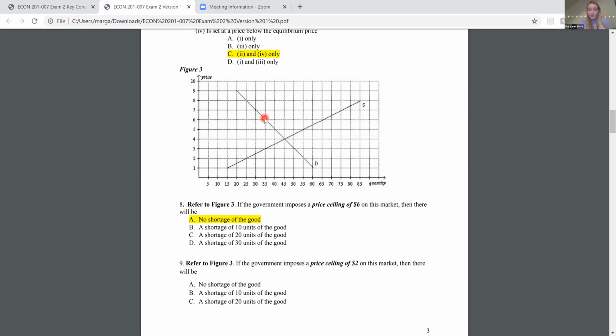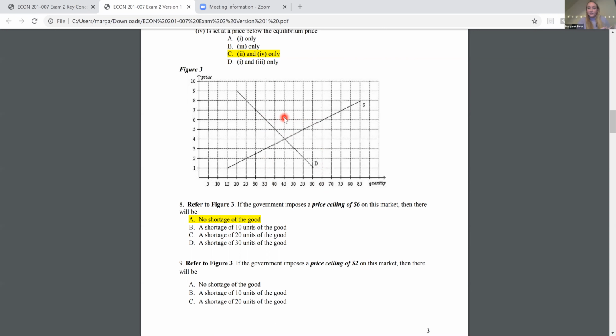people are going to be demanding 35 of this good or service. But suppliers are willing to supply 65 of this good or service. So at this new inflated price, suppliers are willing to supply a lot more because they think that they can make more revenue from that.